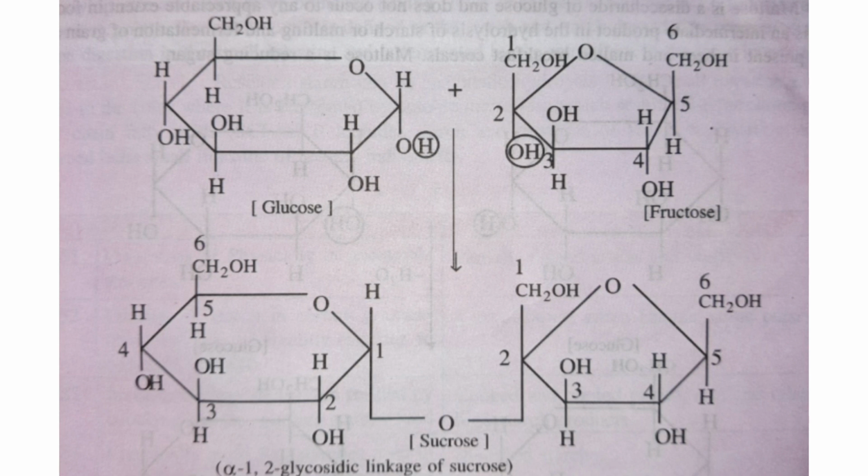It is a non-reducing sugar, as both the functional groups, the aldehyde of glucose and the ketone of fructose, are bound up in a glycosidic linkage. So let's check the structure.